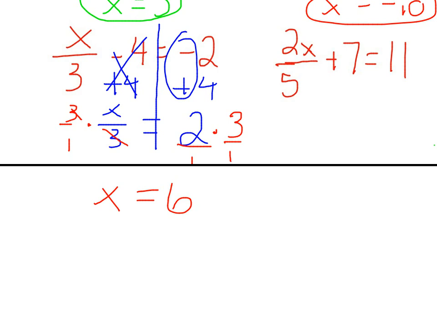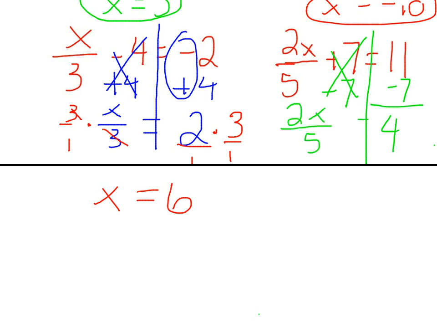Very last equation. 2x over 5 plus 7 equals 11. Again, getting rid of the 7 first because it's being added. I'm going to subtract. Lets me cancel that out. Come to the other side and subtract. 11 minus 7 is 4. I have 2x over 5 equals 4 left over. I'm going to write that down here now.